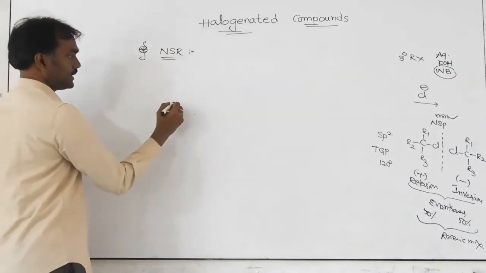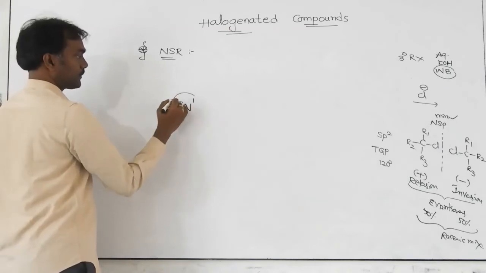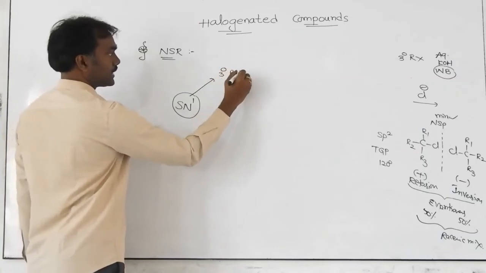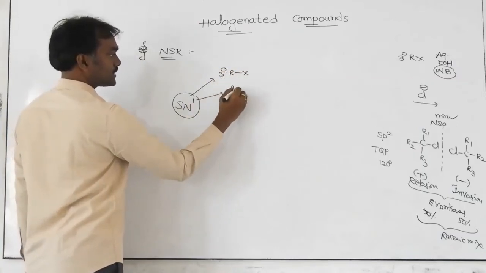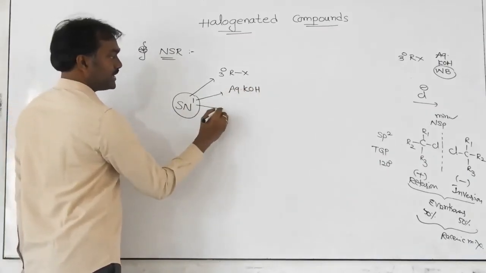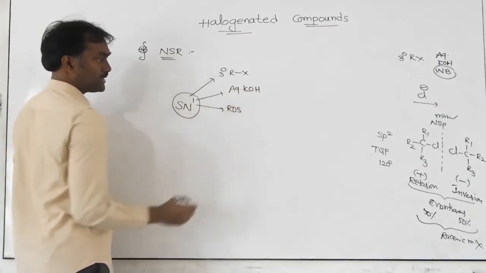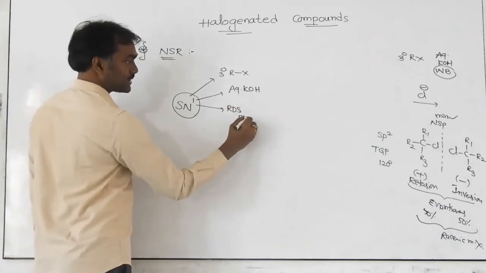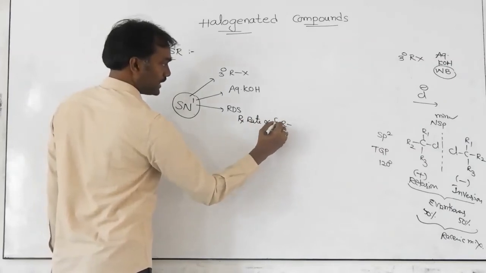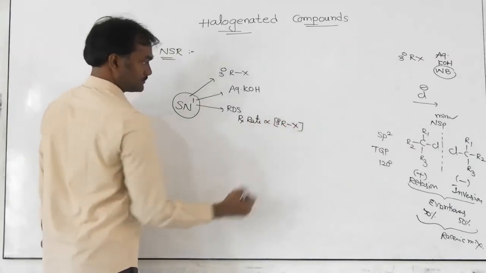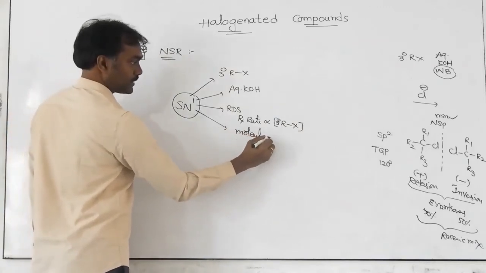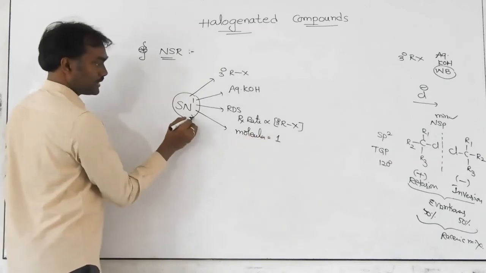See, SN1 is forming in tertiary alkyl halides in the presence of aqueous KOH. In the rate determining step, the reaction rate is directly proportional to the tertiary alkyl halide. So that's why molecularity is 1.